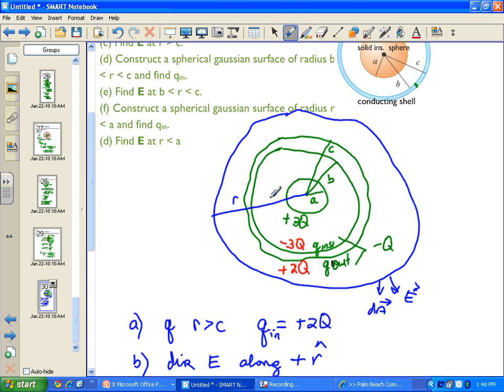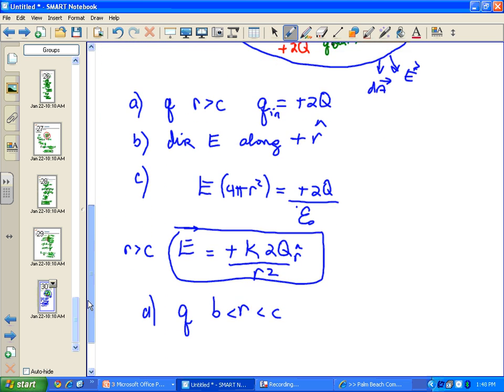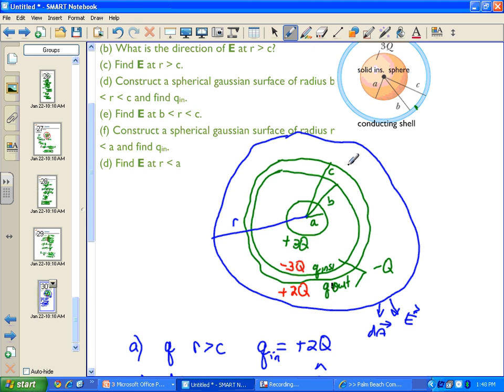Less than c, yes, less than c, but greater than b. It has to be someplace like this, in the interior, because that's less than c and greater than b, in the interior of the conducting shell.